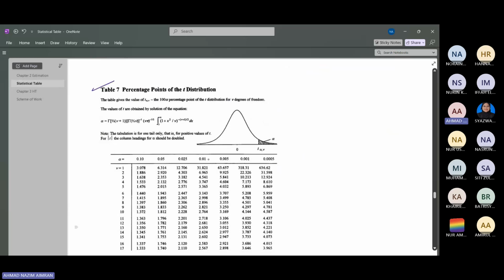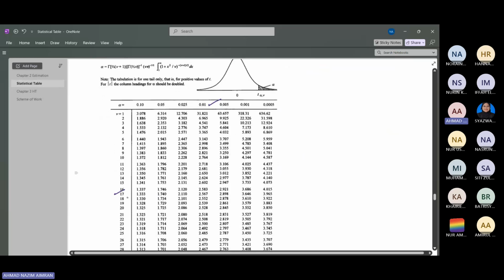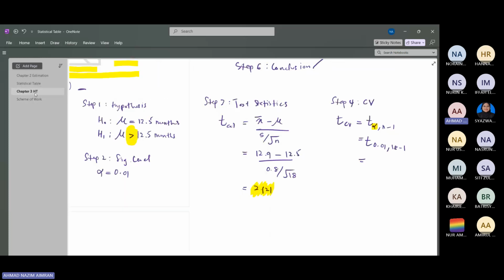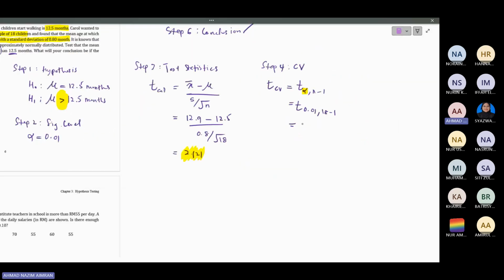Our alpha is 0.01 and the degree of freedom is 17, and the value is 2.567. Therefore, the critical value is equal to 2.567.